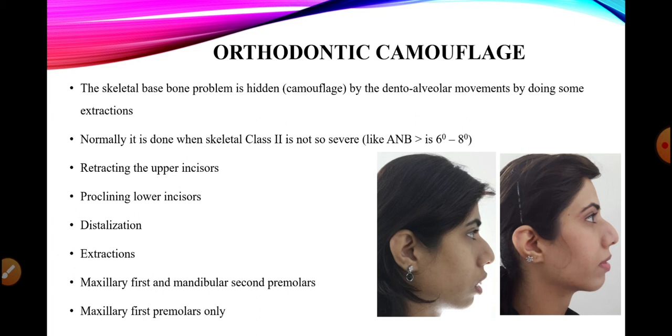Usually the extractions performed in cases of class 2 div 1 malocclusion are the maxillary first premolars. The maxillary first premolars are extracted, the incisors are retracted in that space, and a class 1 incisal and canine relationship is achieved. That guarantees a more aesthetic, more functional result.